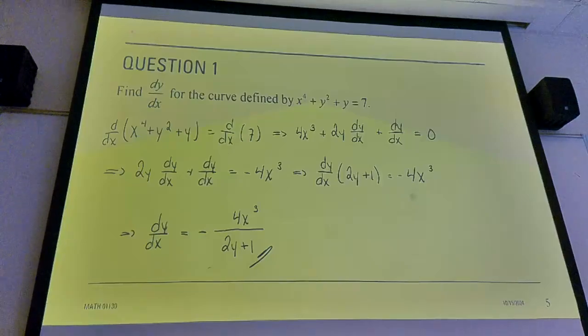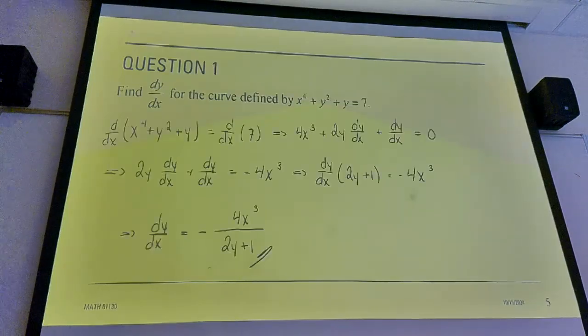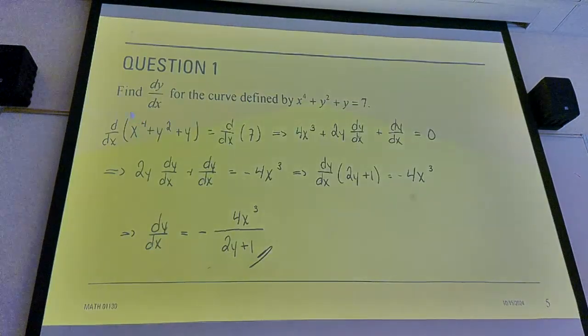Remember, y is an implicit function of x. Right. Now, I'm obviously not going to write this part out every single time.